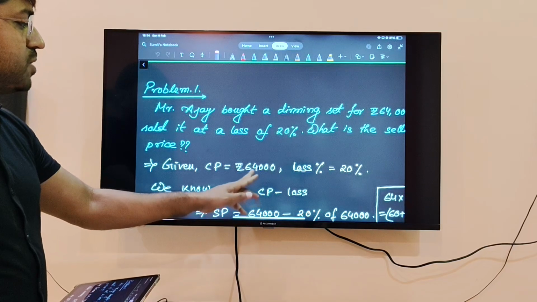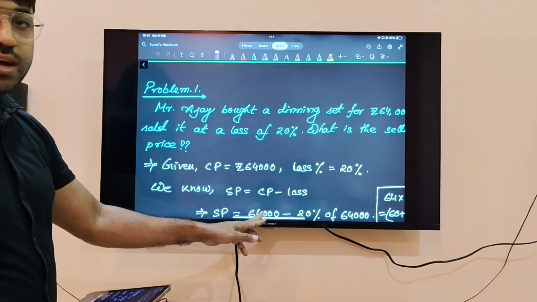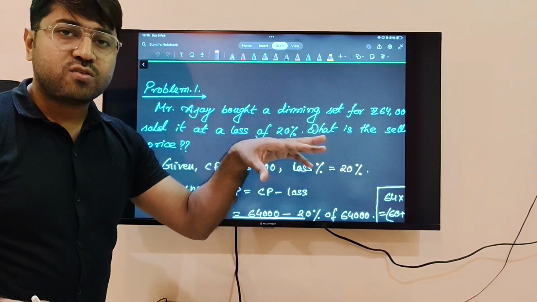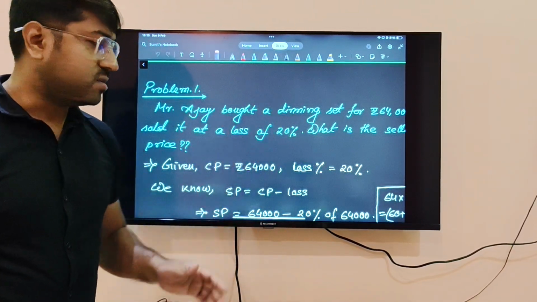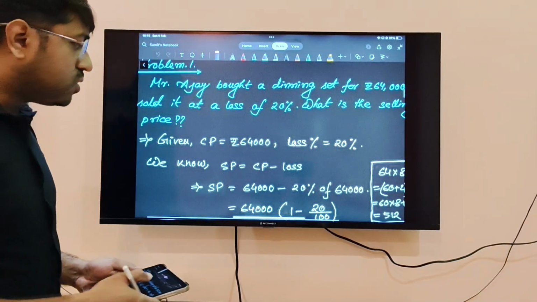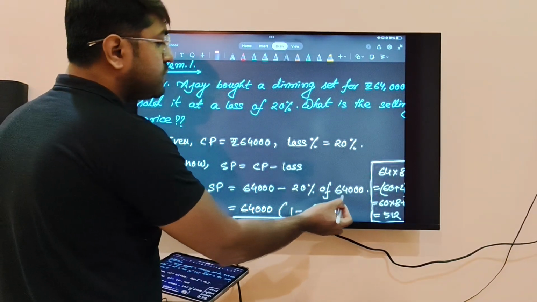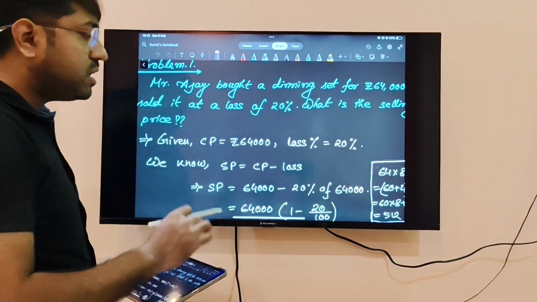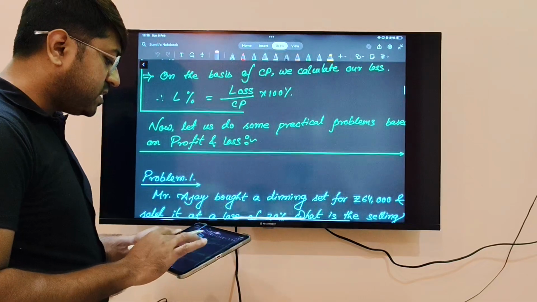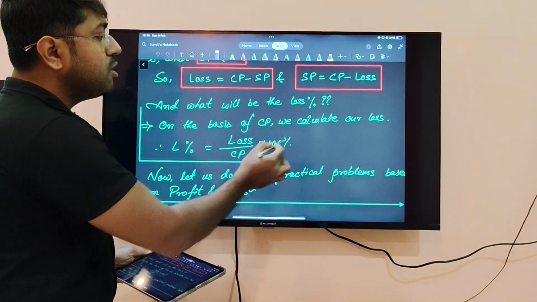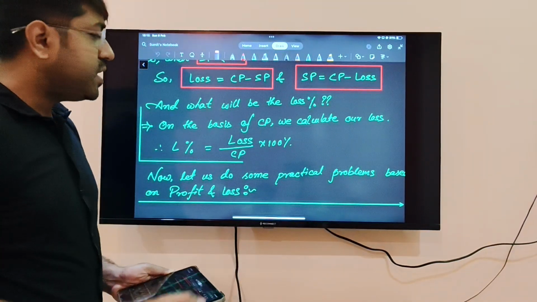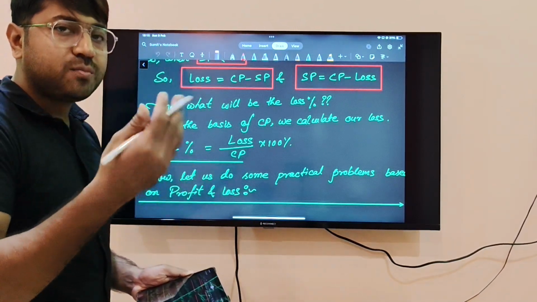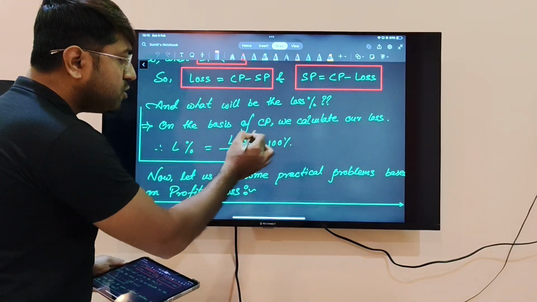What was CP? CP is 64,000. And the loss he has made, when we are making a loss, it should be subtracted. That's why loss equals 20% of 64,000. Why is it so? I just said that loss percentage, on the basis of CP, we calculate our loss. So when loss percentage is there, that loss percentage will be applied on something, and that something will be CP only.